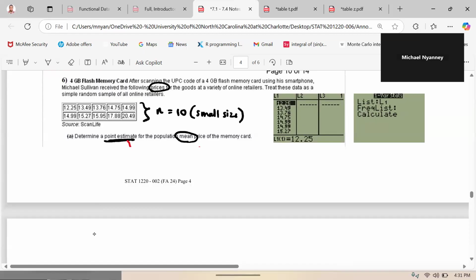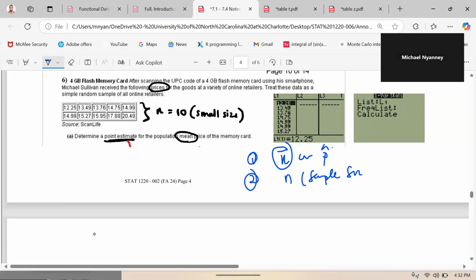So in situations like this, one, you get your x-bar, the sample mean. And two, you get your n, your sample size. So you count the number of data points you have, and three, you get your sample standard deviation.